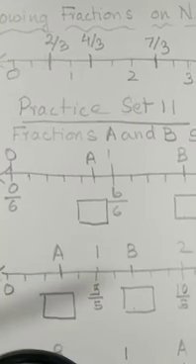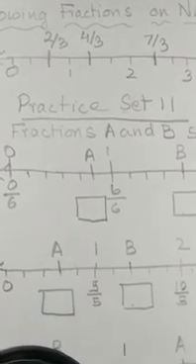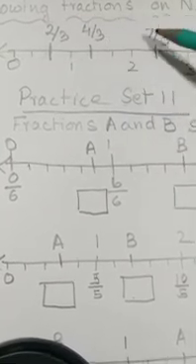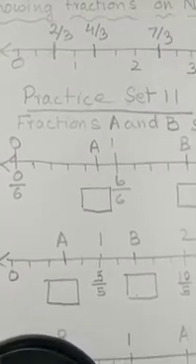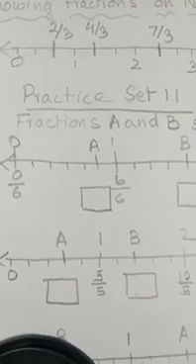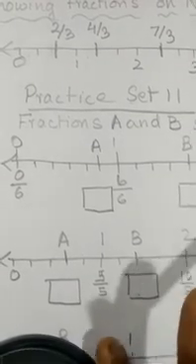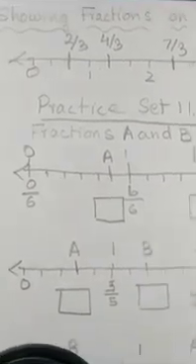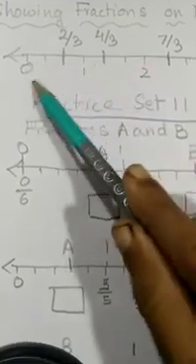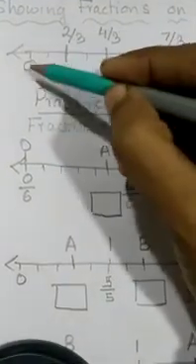Now going to another example. They have given 3 fractions here: 2 by 3, 4 by 3 and 7 by 3. See what is common here? The denominators are 3. So you cannot draw the number line as you drew for the first case. Here how will you draw? From 0 to 1. This is 0 and this is 1.